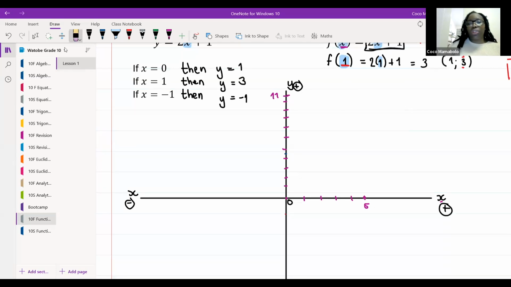So I'm going to use these 2 points. I'm going to use the point where x is equal to 0, because when we put 0 in, 1 comes out. So when we choose x to be 0, then y is 1. And when we choose x to be 1, y is 3.